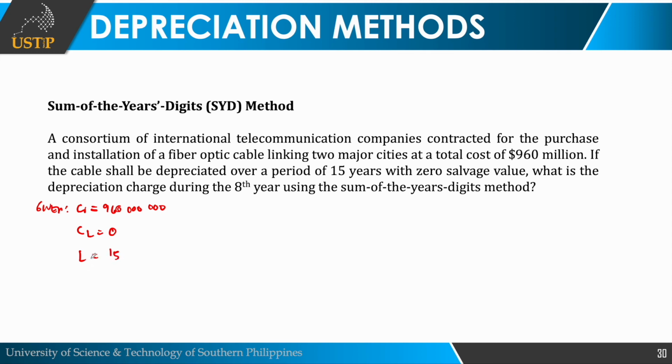And then we need to know the depreciation charge during the 8th year. So, don't mistake this with the big D sub 8. This is the depreciation charge during that year, so that is just a small d sub 8. Okay. So, the solution: we need to find first the sum of digits.